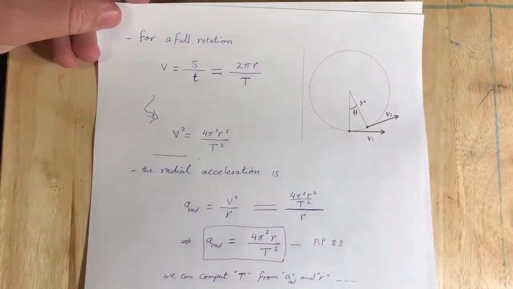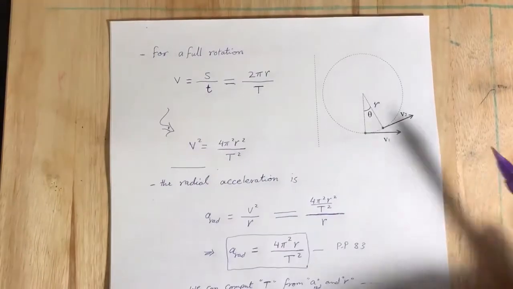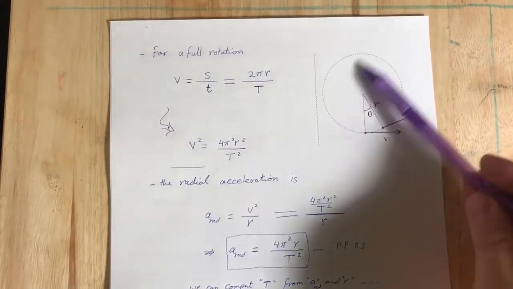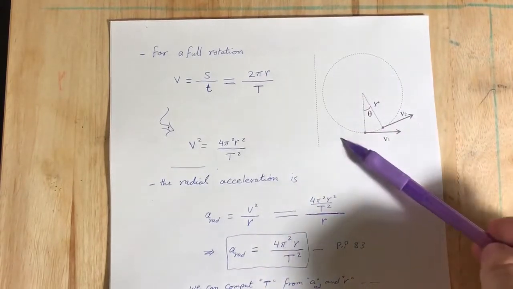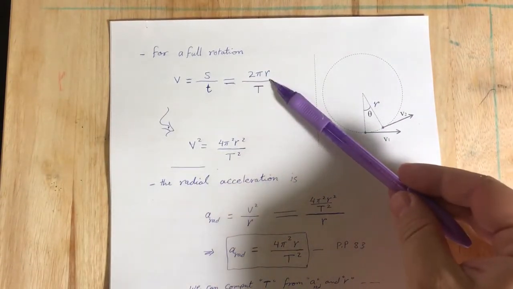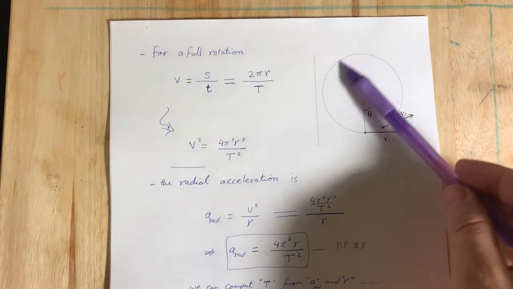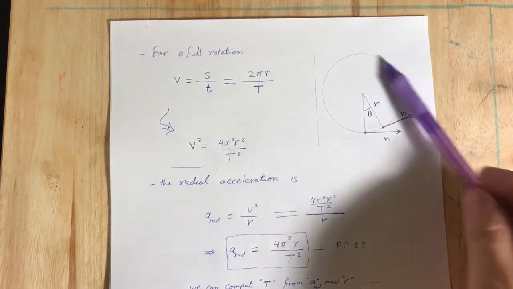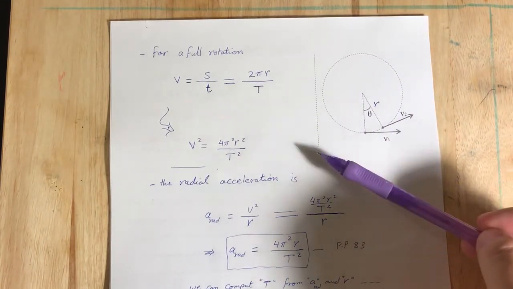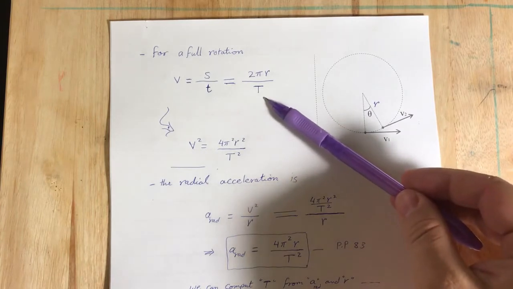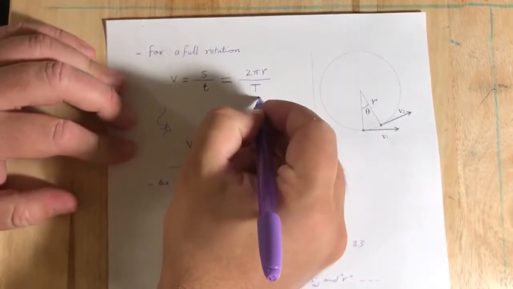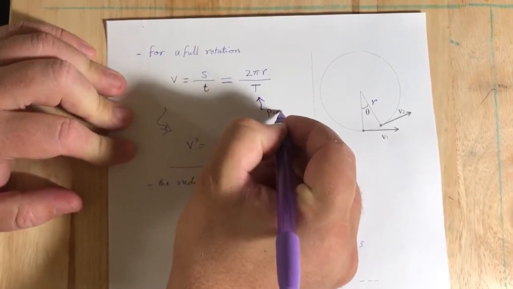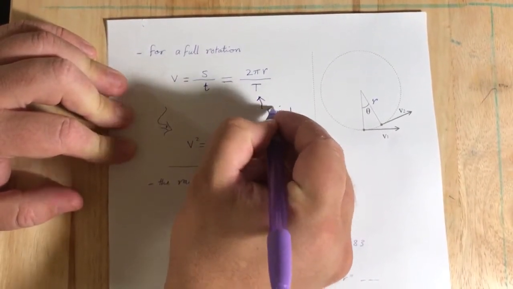Now again, the circumference of the circle or the track is 2 pi r. The time to make a total rotation is T capital, which we call the period of rotation.